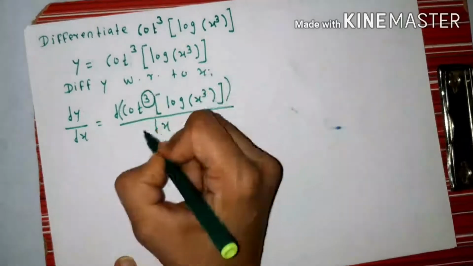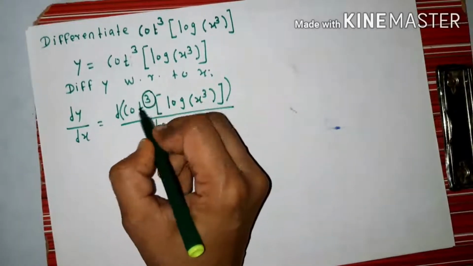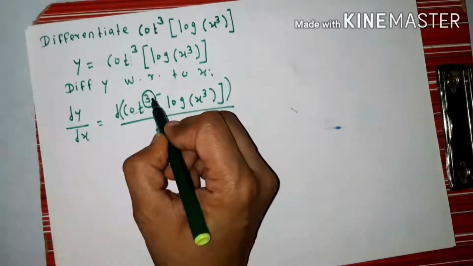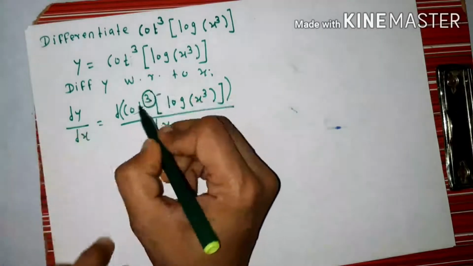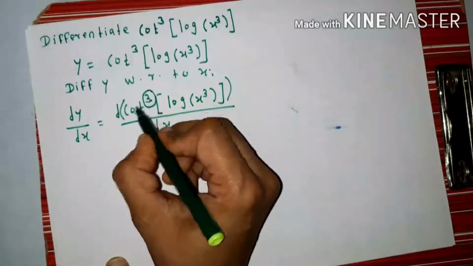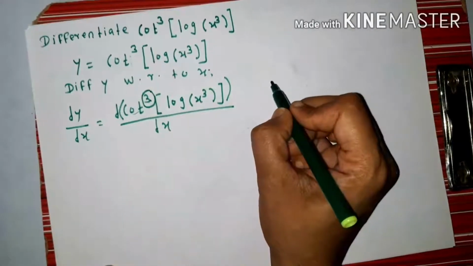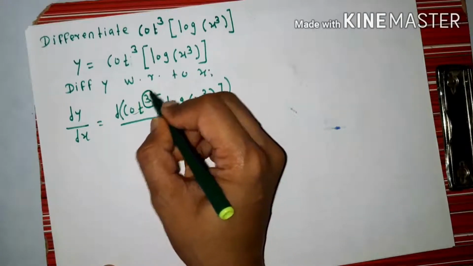We will differentiate first by using x raised to n formula, means the outermost function where power is 3, the power function we differentiate.